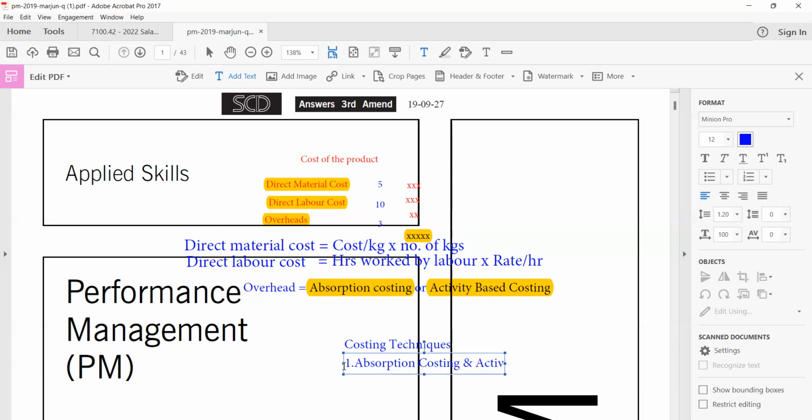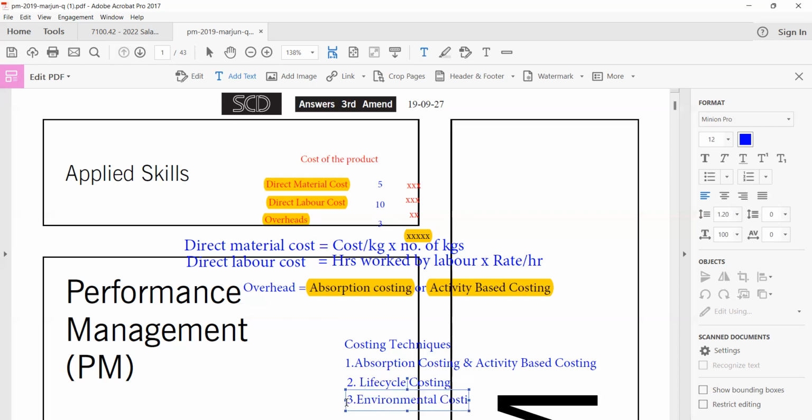They are not the same. They are two different topics, and they give two different answers. Then we have the second bit, which is life cycle costing. Then we have the third element, which is environmental costing.